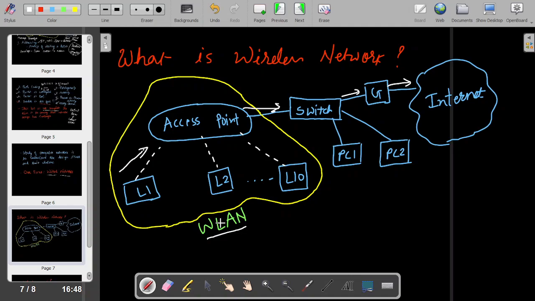But the main disadvantage of wireless LAN is its data rate. These days, wired LANs provide data rates up to 1 Gbps, 1 gigabit per second, but wireless LANs do not provide data rates in the order of Gbps, they provide data rates in the order of a few Mbps, megabits per second.